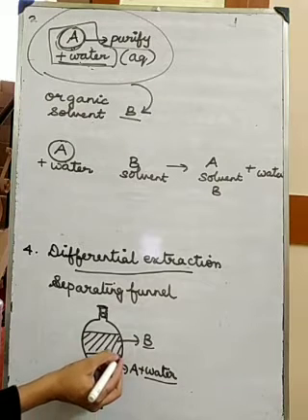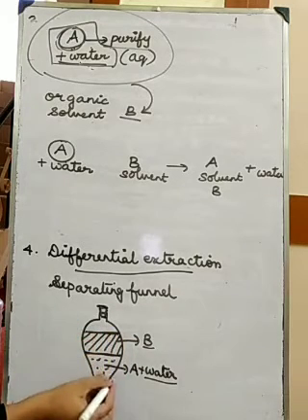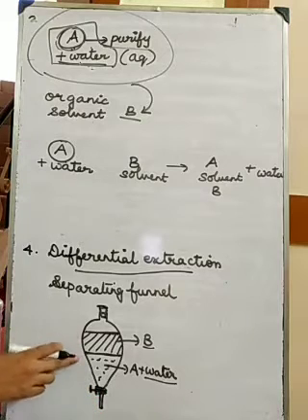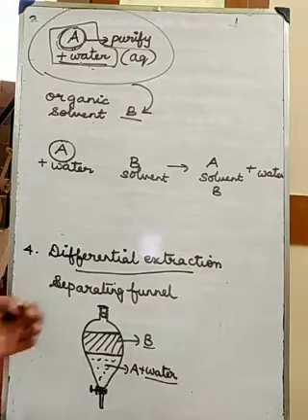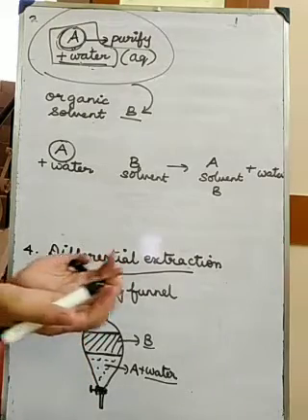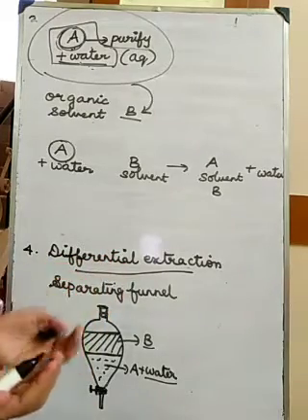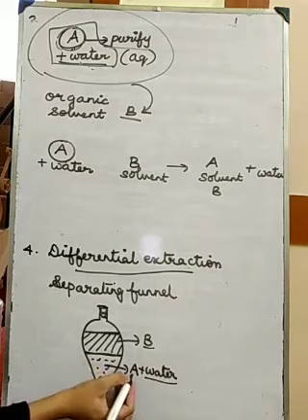Yes or no? So it will be seen as two separate layers. Now to mix them, what should you do? You have to shake the flask. You should hold it like a baby like this and shake the flask. When you shake the flask, what will happen?